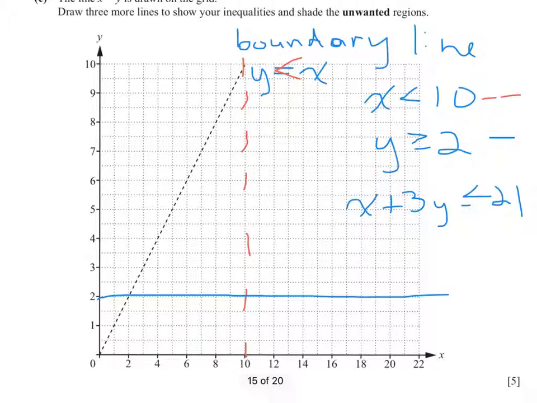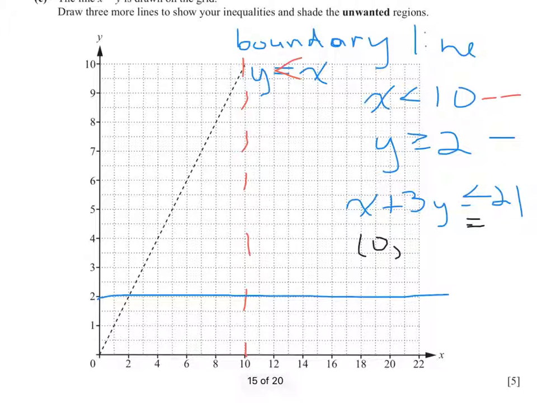We need to find some way of plotting this equation. If I make it an equation, can we figure out a way of plotting it? Well, to me, the easiest method is to use intercepts. Okay, so the y-intercept is when x is equal to 0.